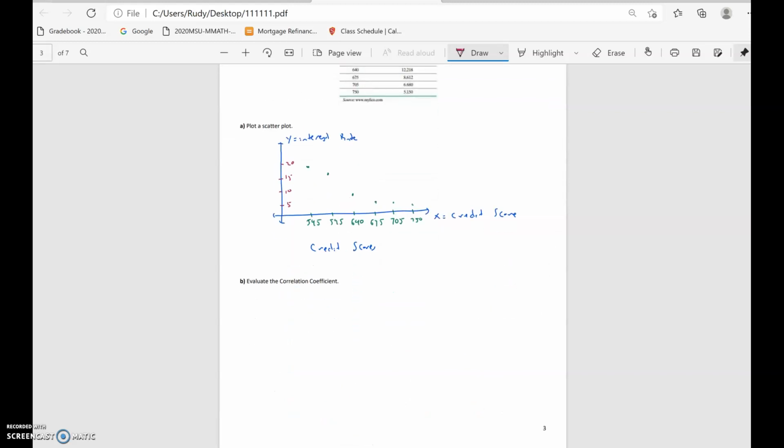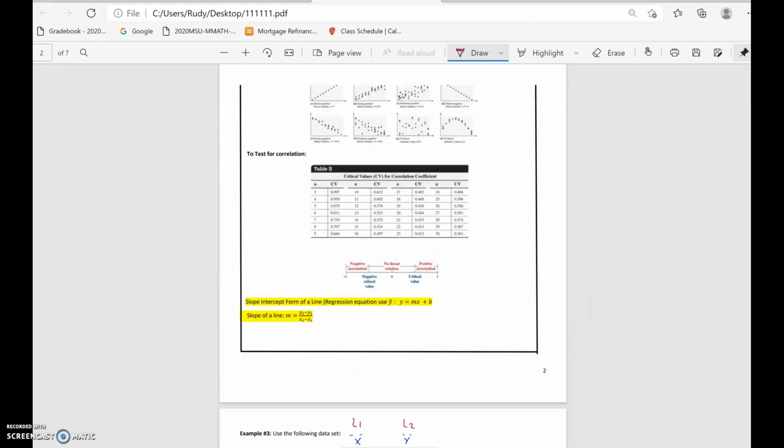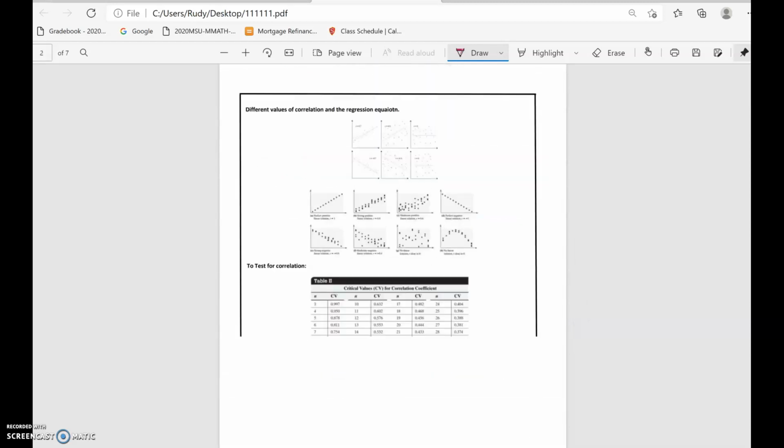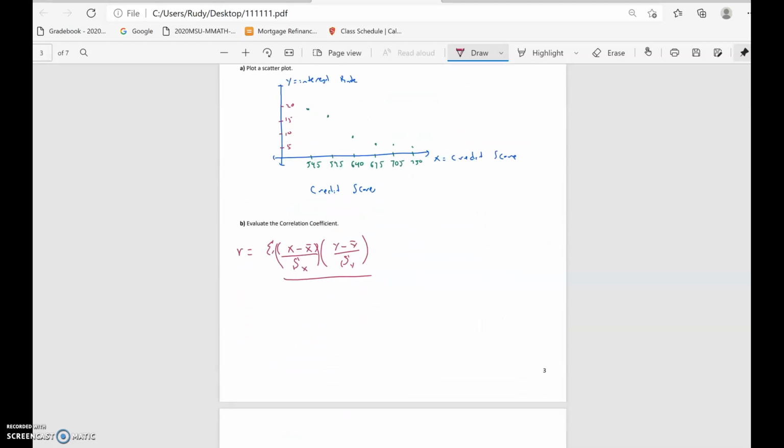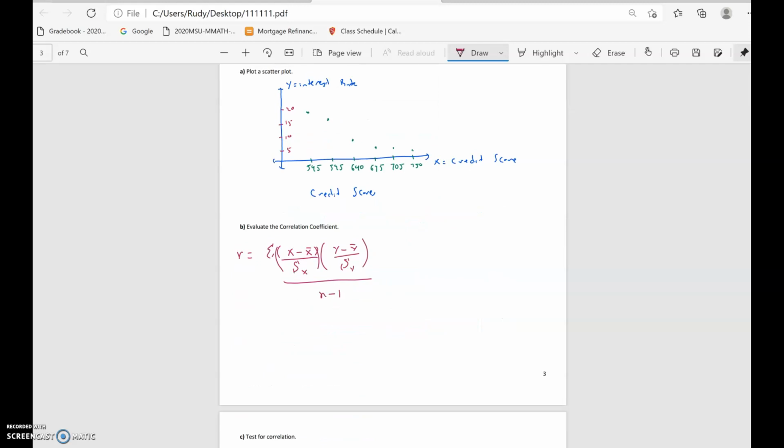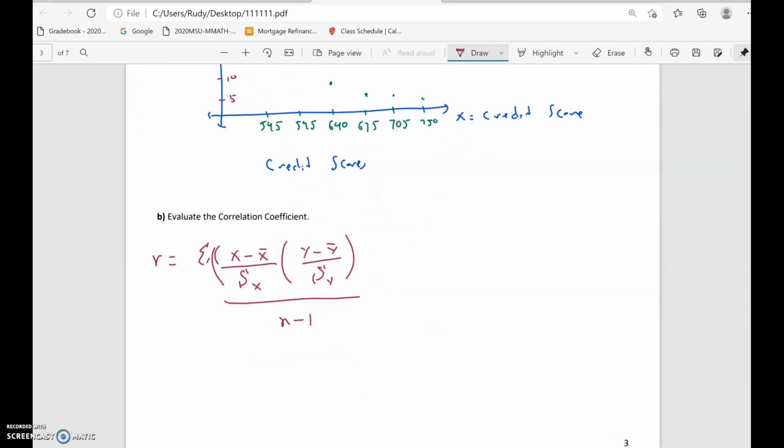So we're just going to say here that R is equal to the sum of x minus x bar divided by Sx, and then y minus y bar divided by Sy, over, and the denominator has n minus 1. So n minus 1, and let me fix the parentheses. Let me erase these. Okay, and then we're going to say that this is approximately the following value.